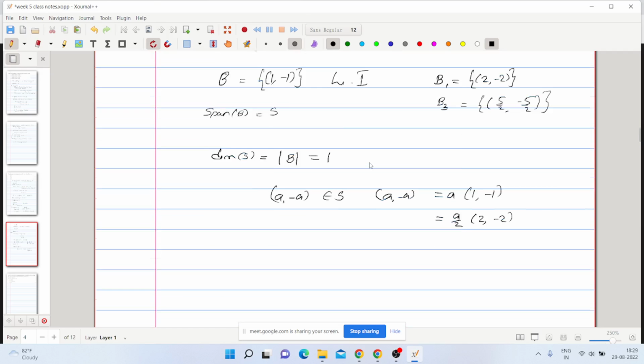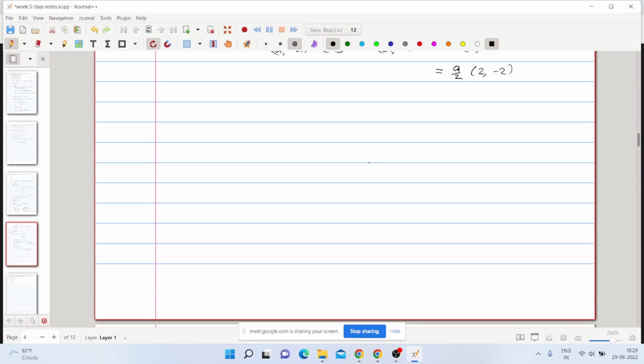So we got the dimension is 1. So let us go to one general case. Suppose V is the vector space R2 over the field R. Now what are all the possible subspaces of V?